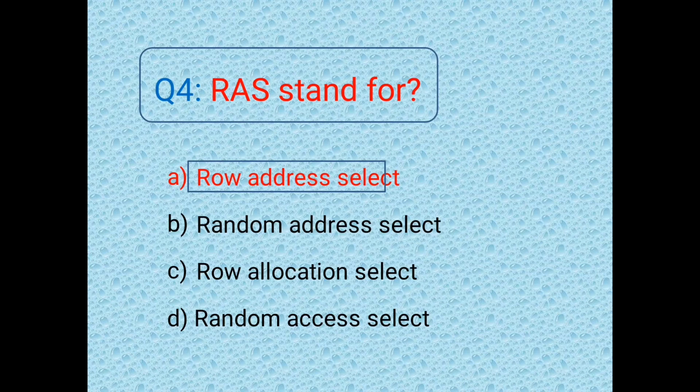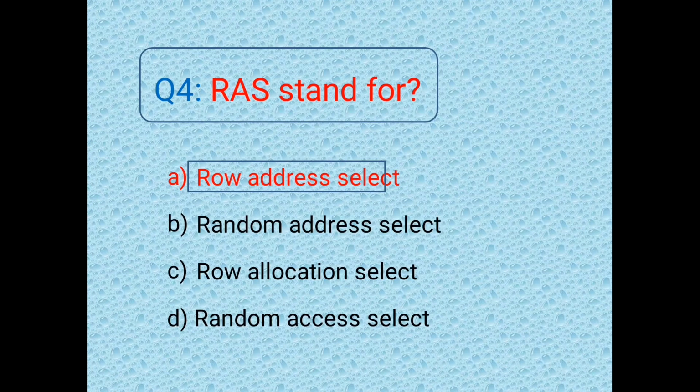Question number 4. RAS stands for: A. row address select, B. random address select, C. row allocation select, and D. random access select. So in this case, the correct option is A, row address select. RAS stands for row address select.